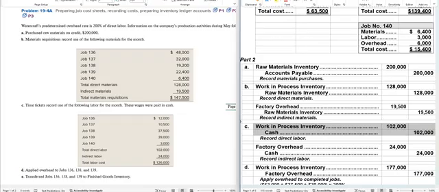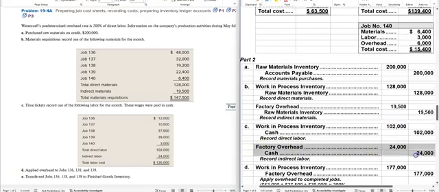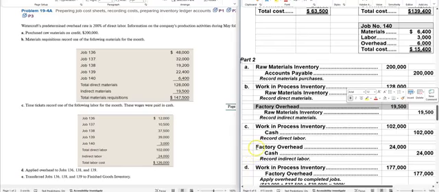So we're going to record the direct labor portion into work in process, and the indirect labor portion we debit into factory overhead. Remember, the factory overhead account is debited for actual indirect overhead cost. We debited factory overhead for our indirect materials. Now we are debiting it for our indirect labor cost.